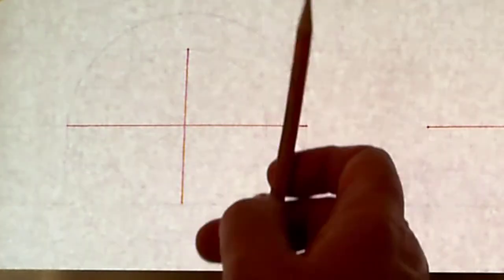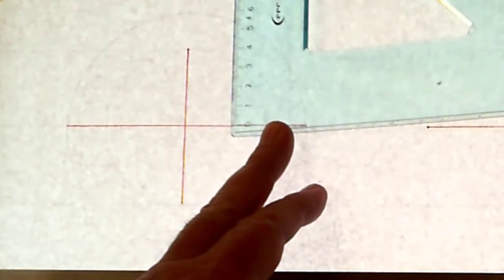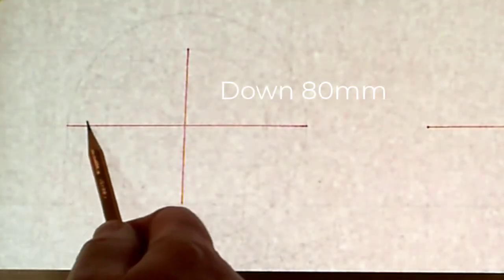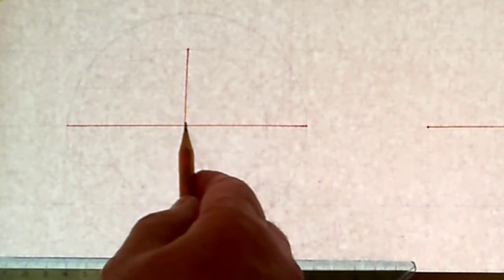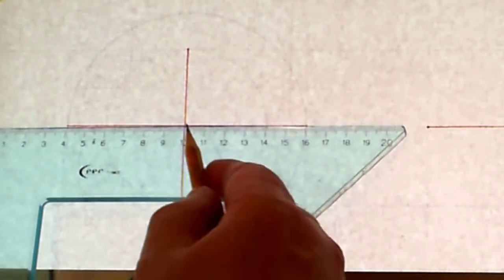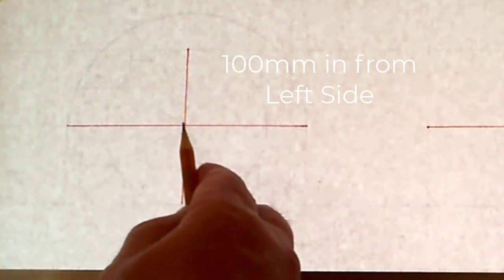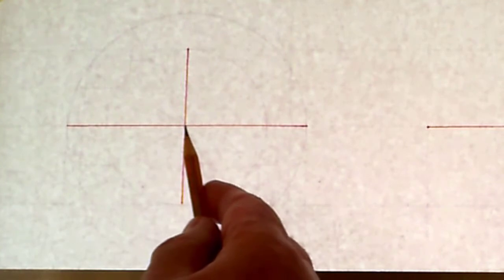So the position for these particular axes: from the top of the sheet, down 18 millimeters to this major axis line. Now from this intersection point, if you move in 100 millimeters to this point here, so down 80 and in 100.